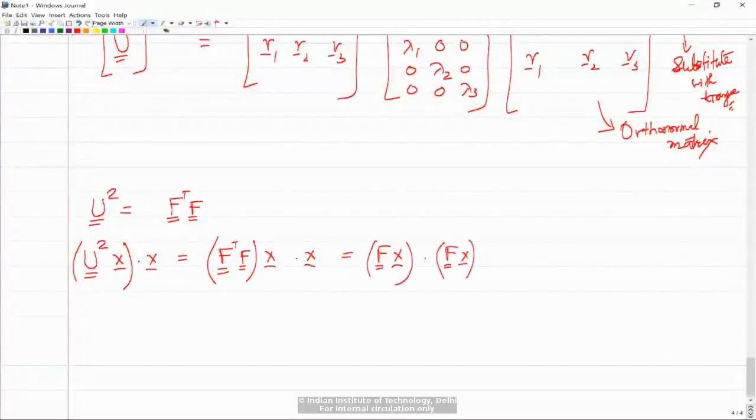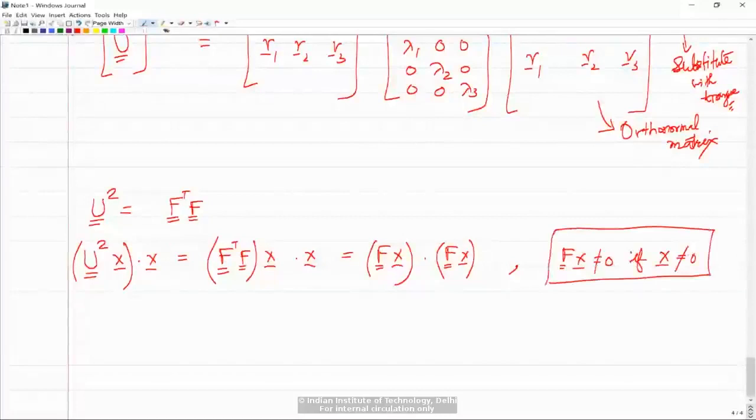right? But F being invertible, Fx will not be 0 if x is not equal to 0, because F is invertible, no? But here you have the dot product of a vector with itself, so this has to be certainly greater than 0, right? If x is not equal to 0.